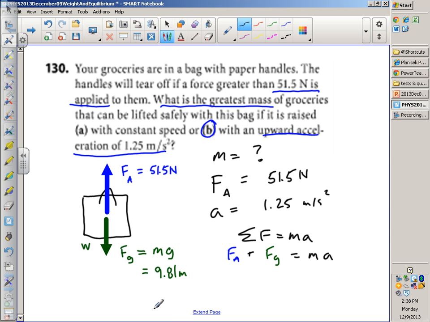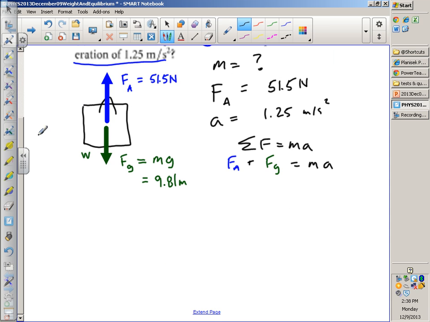Good there? Then we start filling in things we know. We know that the applied force is 51.5 newtons, plus, we don't know the actual force of gravity, but we do know that it's going to be 9.81 times whatever the mass is, equals the mass, which we don't know, times the acceleration, which is 1.25.